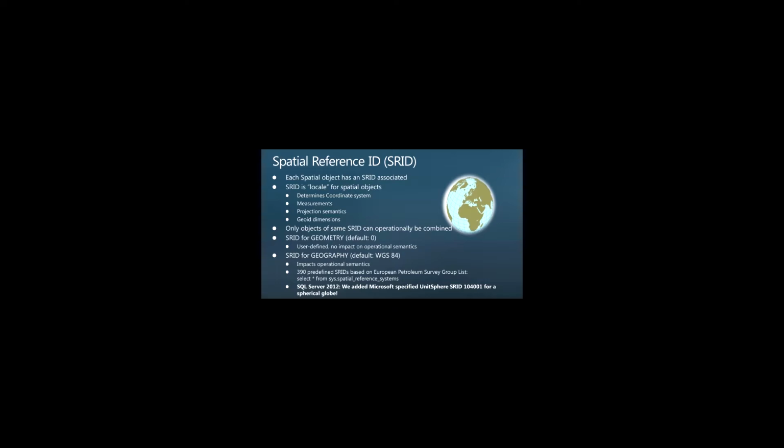By providing you that SRID, the operations for things like area calculations and distances become much simpler on a spherical globe than on these geoids. So that gives you the ability to improve the performance of spatial operations if you are fine with that simplified assumption of how the geoid looks. For example, the data that you have in Bing assumes a spherical globe, so it's simplifying the assumptions about how the Earth looks.